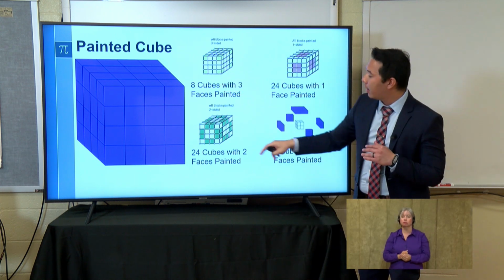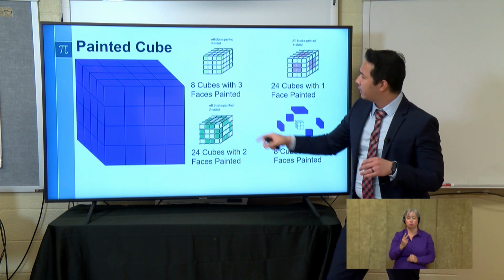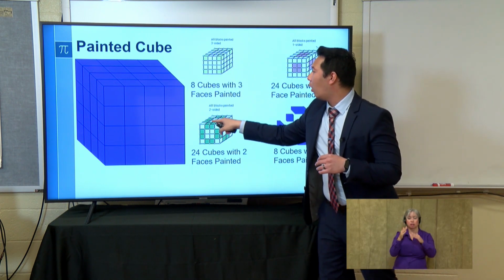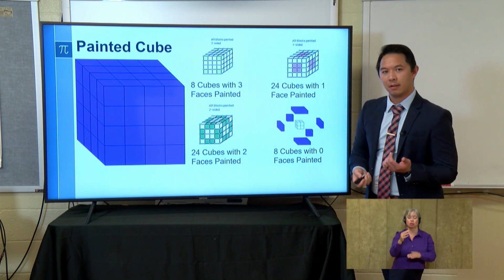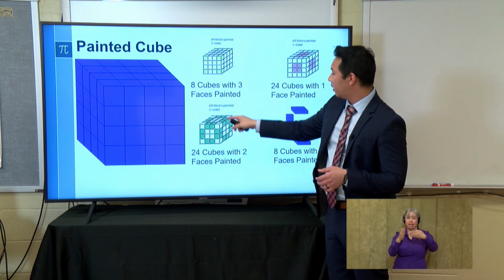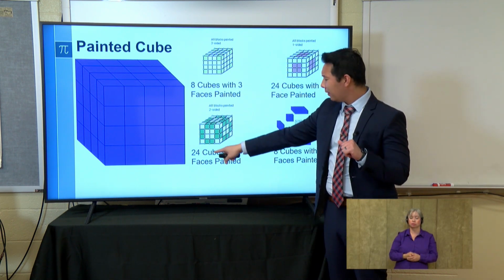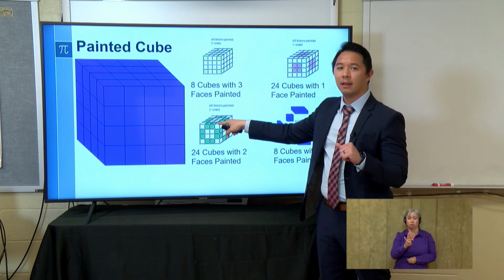And then when we're thinking about the cubes that have just 2 faces painted, if I take away the corners that we started with, these cubes are all along the edge of the larger cube that we're looking at. If I'm looking at these edges, I've got 24 total cubes that have 2 faces painted.